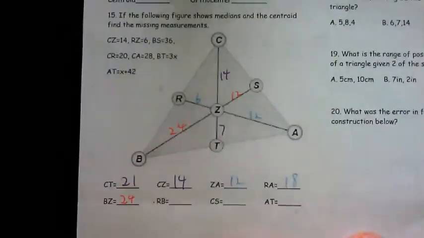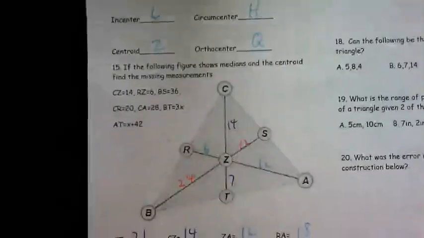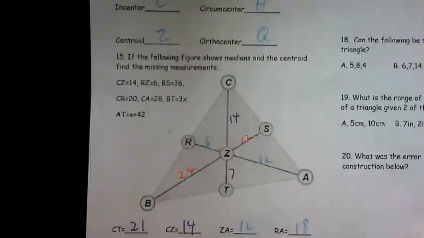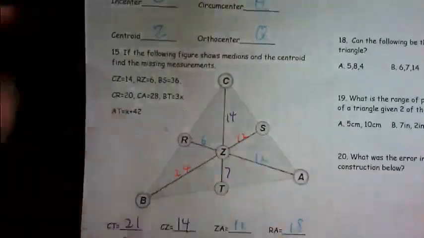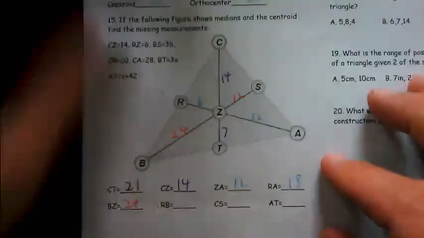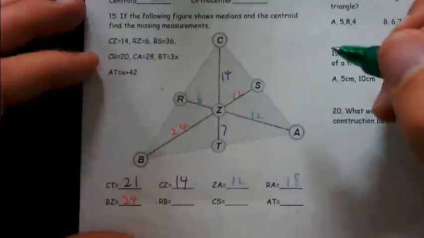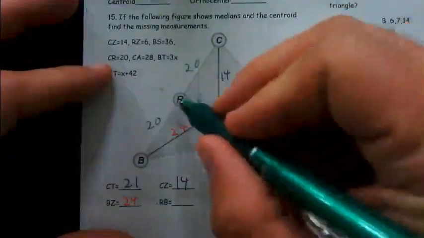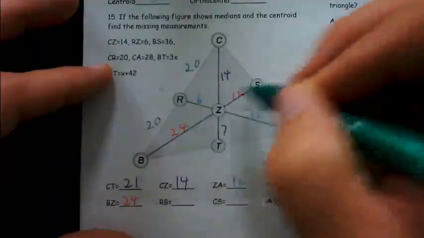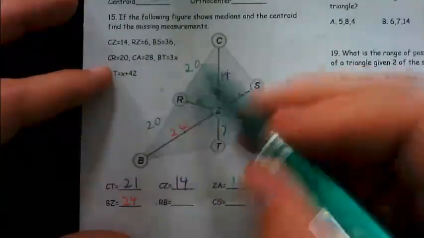Now, they also gave us a few other parts here. Let's see, we have CR is 20. Well, again, these medians go to the midpoint, so these are midpoints here, so they split it and bisect the sides.